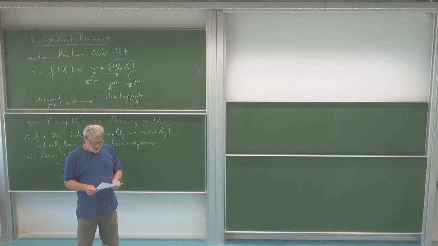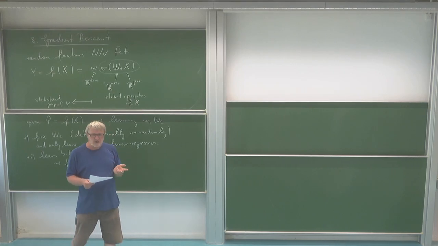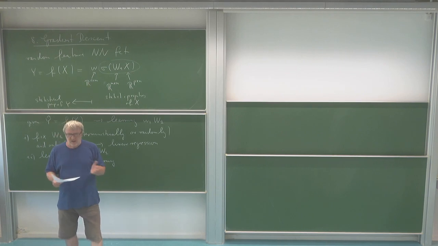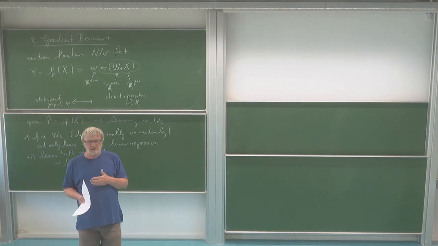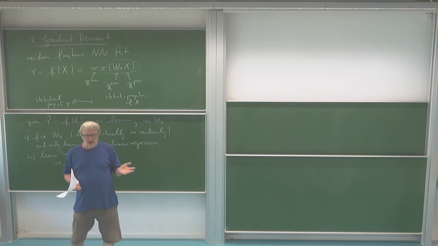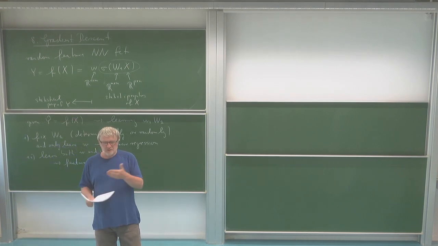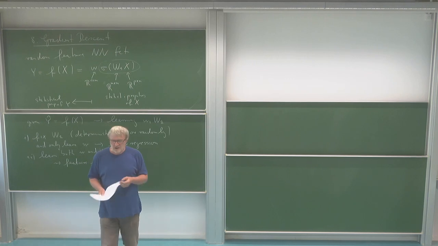Good, so let us go back to our linear regression problem, which we did in chapter 6. Essentially, this was solving linear equations, but there you have to distinguish between the underdetermined and the overdetermined case.